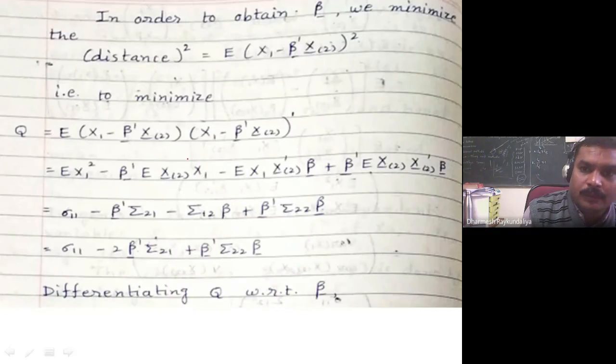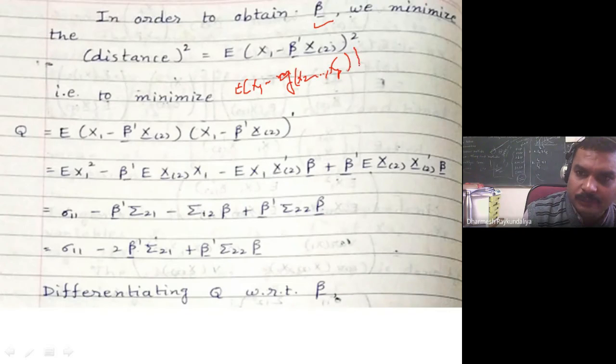Now in order to obtain the best value of beta, we wish to obtain the best value of beta. How will you obtain? We minimize the distance. What is the distance? Expectation of x1 minus g of x2 up to xp. इसको हमें minimize करना है, this square. And what is g of x2 up to xp? It is nothing but beta transpose x2.